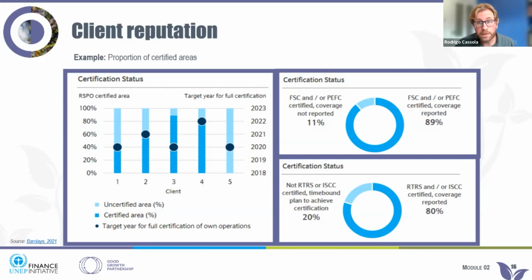That's not the bank that's doing this check and certifying. The example here covers different commodities. This is an example from Barclays, looking at certification status on palm, timber, and soy for clients as well. The question here is how much of your clients' land is certified under various sustainability schemes, or how much of your clients' sourcing is certified under different certification schemes.